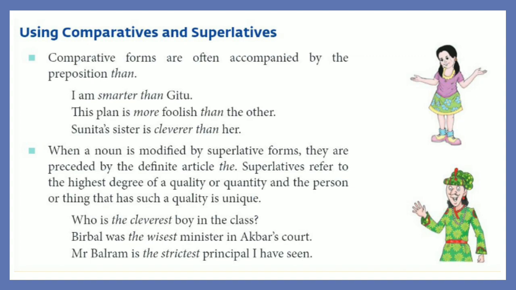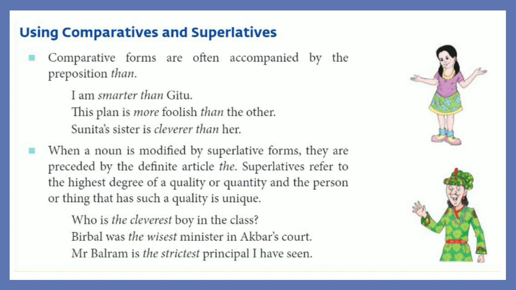The reason is that superlatives refer to the highest degree of quality or quantity, and the person or thing that has such a highest degree of quality is unique. In order to represent that uniqueness, we use the definite article the before the superlative form of the word. Let us understand this with the help of examples.